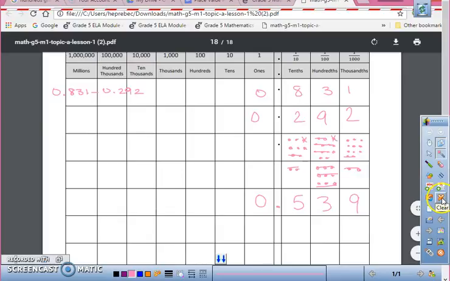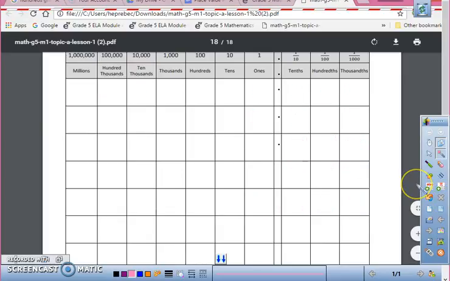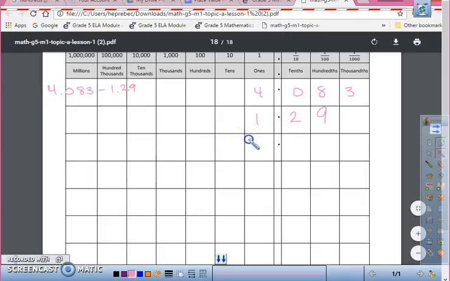Actually, we're going to do 2 more examples. So here is 4 and 83 thousandths minus 1 and 29 hundredths. So I'm going to write in 4 and 83 thousandths minus 1 and 29 hundredths. Now I'm going to draw those represented with discs.